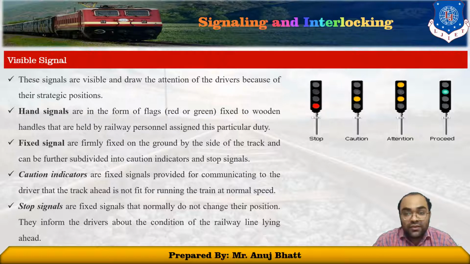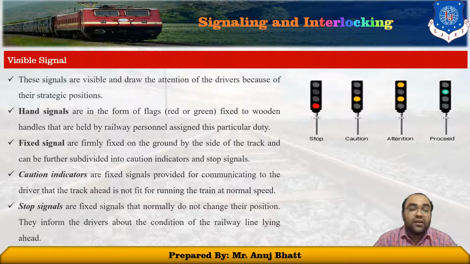Hand signals are in the form of flags, which can be red or green, because both colors indicate different actions to be taken. These flags are fixed to wooden handles and held by railway personnel assigned for this particular duty. If flags are not available, signaling may be done using bare arms during the day, but at night, hand lamps with movable green or red lights are used for signaling.